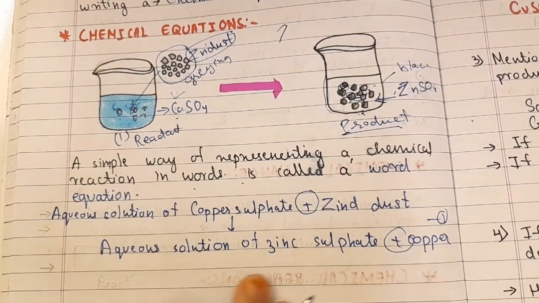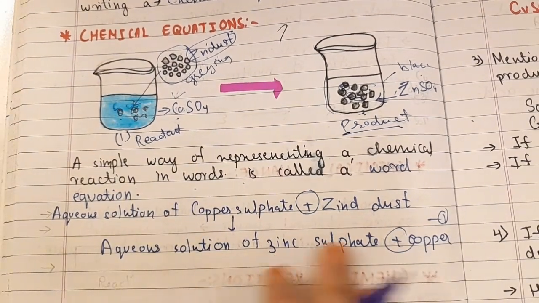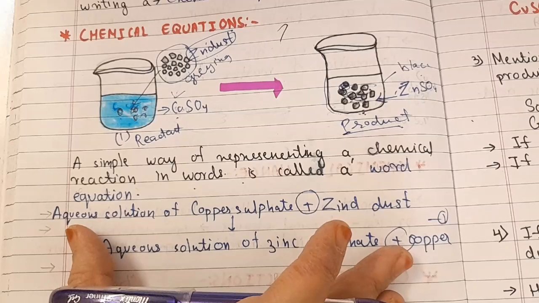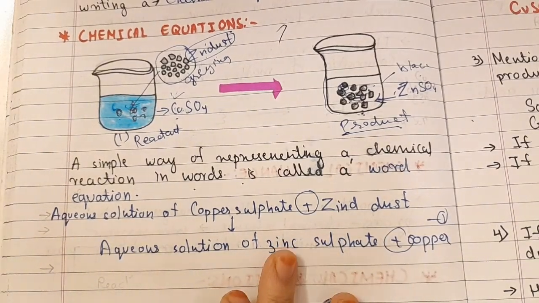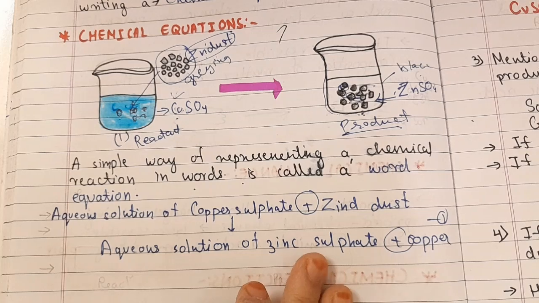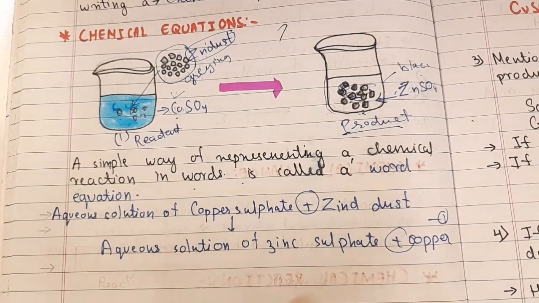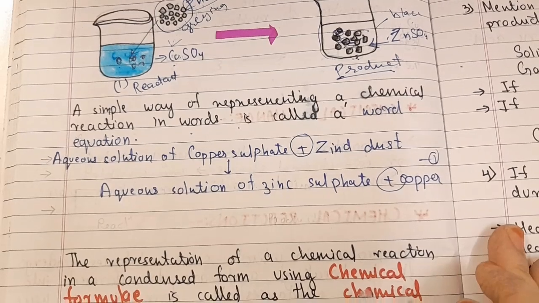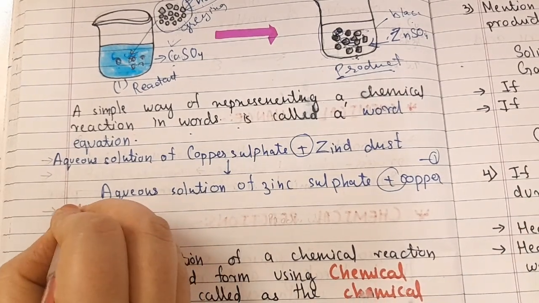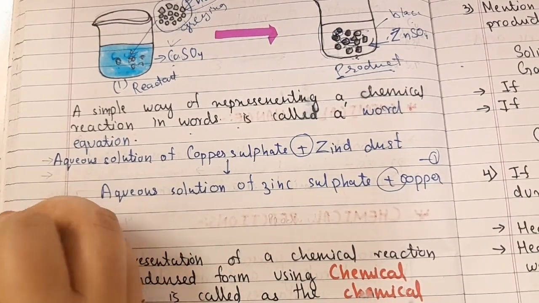Now students, a word equation can be written in a further condensed form. So this is the word equation and we have to condense it, so we will write this reaction with chemical formulas. Now how to write this? Just look here.